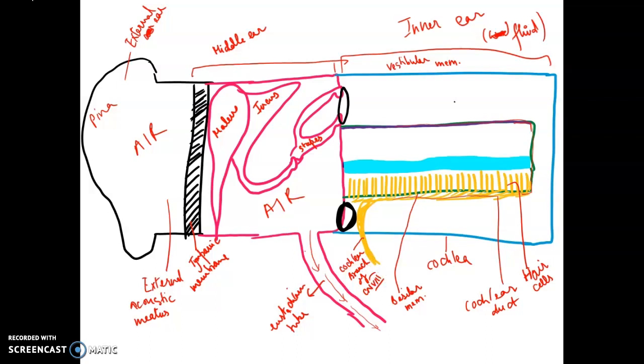Alright, on top of the hair cells there is a gel-like material, and that is called the tectorial membrane.